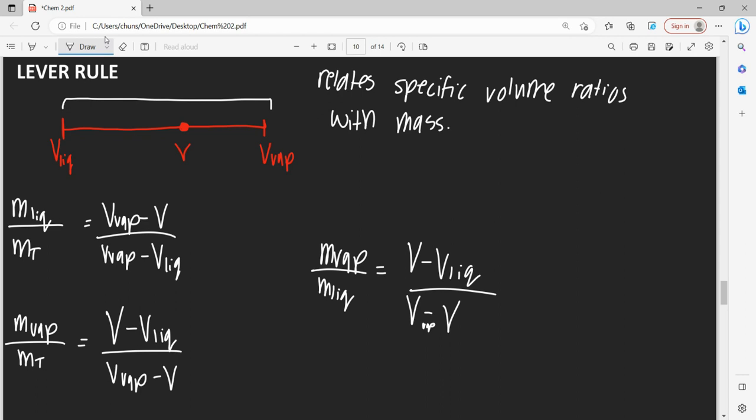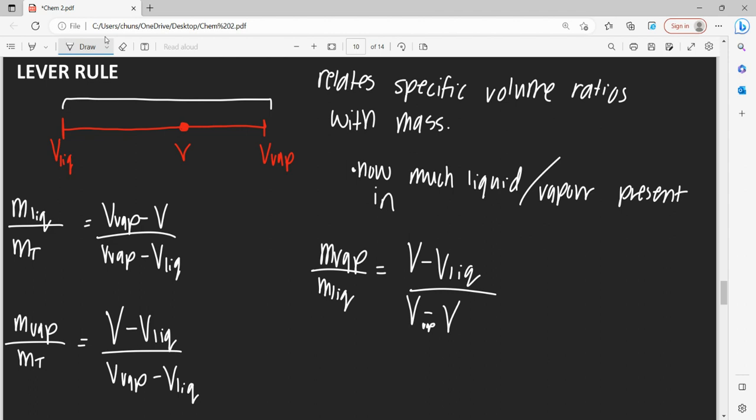It's supposed to be V liquid. So this rule is going to make a little more sense. It's basically just a way to find how much liquid or vapor is present in a two-phase region.